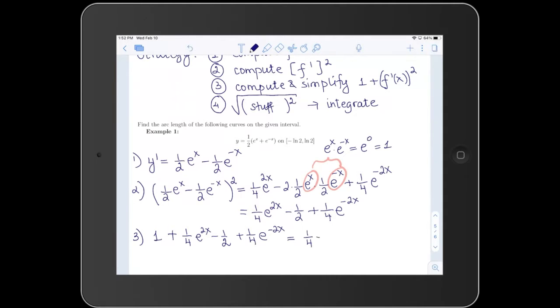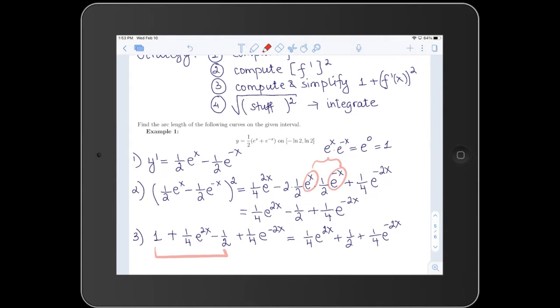And you will notice we're basically getting exactly the same expression as when we multiplied that square through, except over here we get positive 1/2, right? 1 minus 1/2, that's the positive 1/2. So let me highlight these two.